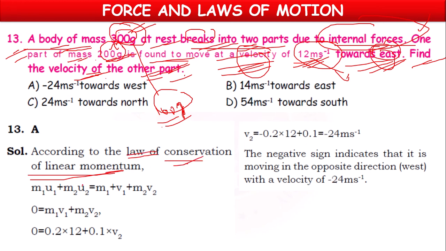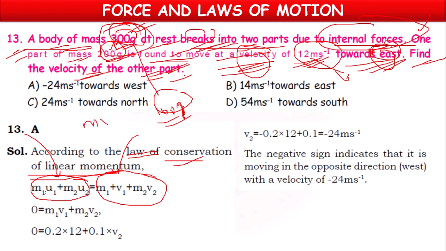According to that, the total momentum before breaking into two parts equals the total momentum after breaking into two parts. The total momentum before this explosion will be the same as after the explosion. Before breaking into two parts, actually it is at rest.